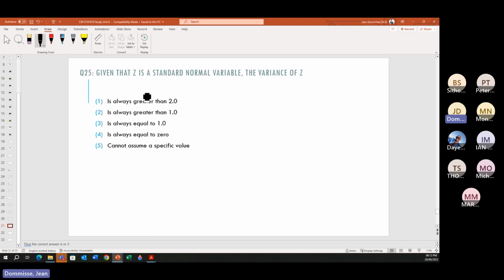Okay, so let's look at a definition question. Given that Z is a standard normal variable, the variance of Z is. Okay, so when it's a standard normal distribution, the mean is always equal to 0 and the standard deviation equal to 1.